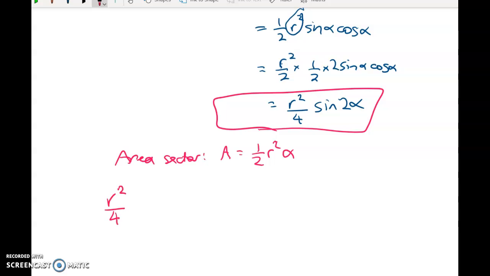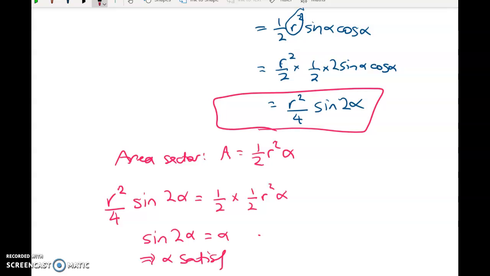So r squared on 4 sine 2 alpha is equal to a half times a half r squared alpha. Dividing lots of things through, so r squared and 4, we get to sine 2 alpha is equal to alpha. Therefore, alpha satisfies x equals sine 2x. So that's the first part of that one done.